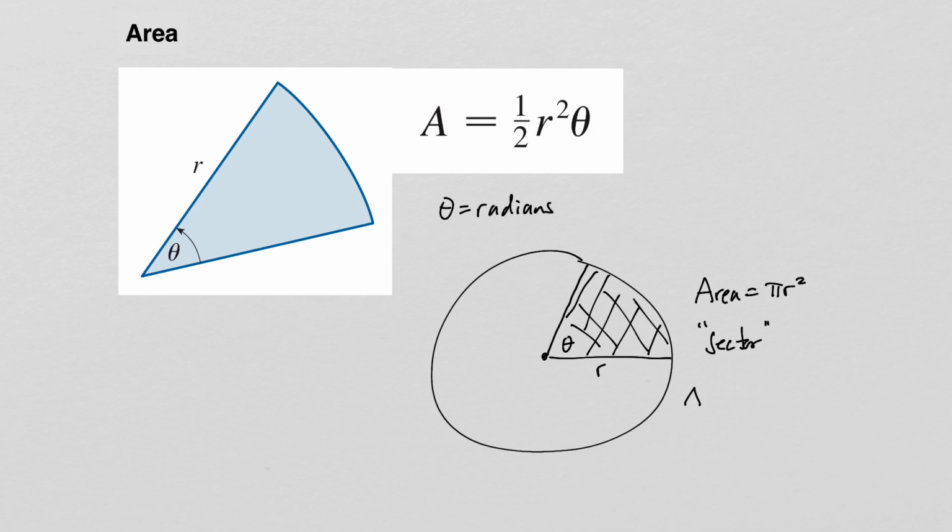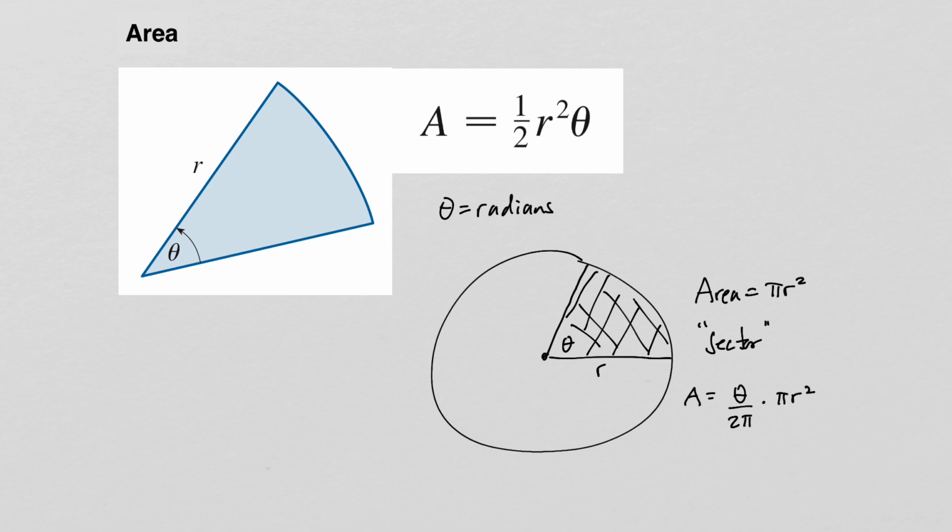To get this area, we need to figure out how much of the entire circle this section is. Well, we know that there are 2 pi radians in a circle, and so this is going to be theta out of the 2 pi. So we have theta divided by 2 pi. This is the percentage of the circle.